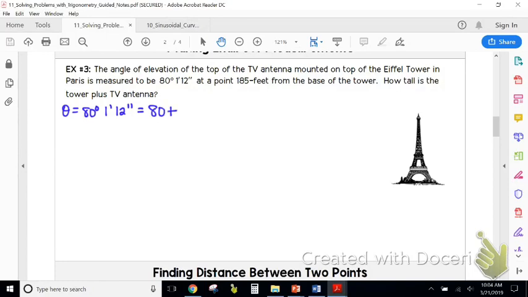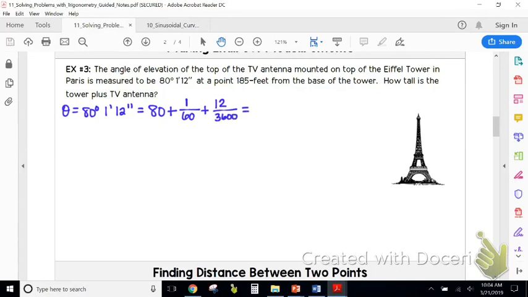Almost. So we've got 80 plus 1 minute. How many minutes were there in a degree? 60. Plus 12 seconds. How many seconds were there in a degree? 60. Wait. No, there's 60 in a minute and 60 minutes in a degree, so there's 3,600.